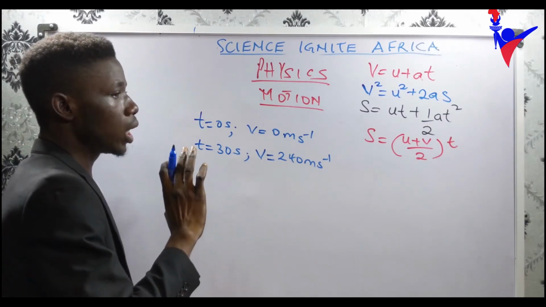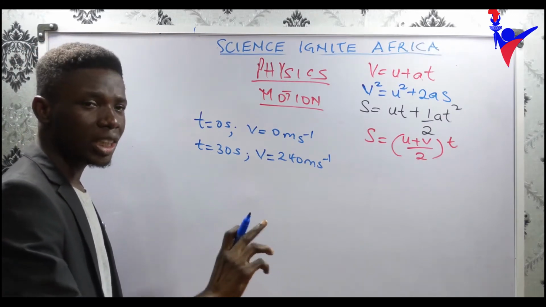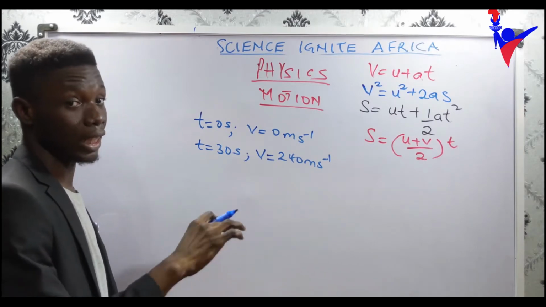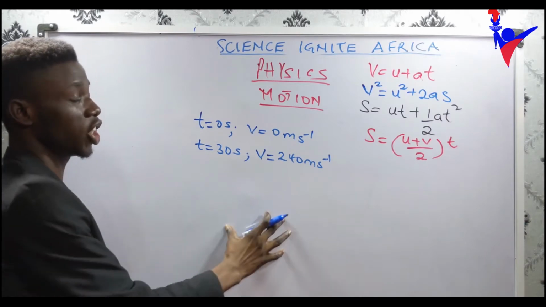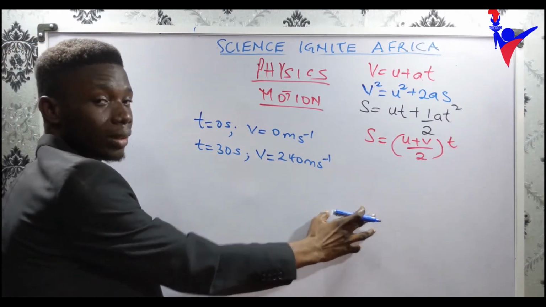Now, again, deceleration is like the negative of acceleration. I said it the other time, like if you are doing your word and opposite, if acceleration is a word, then the opposite will be what? Deceleration.